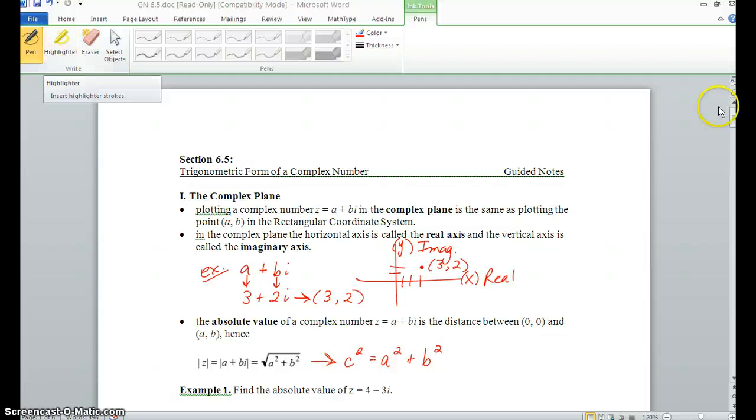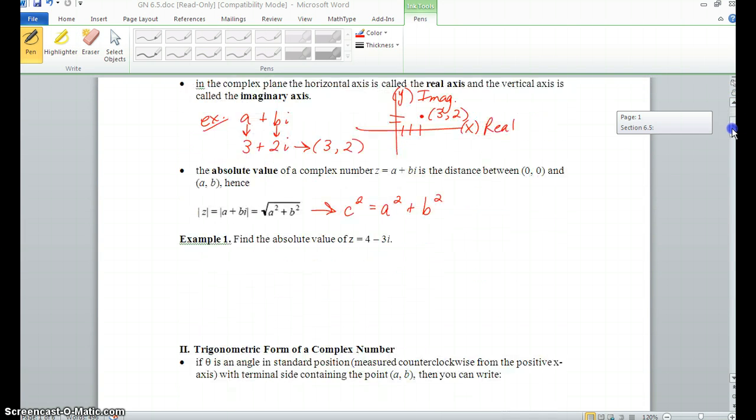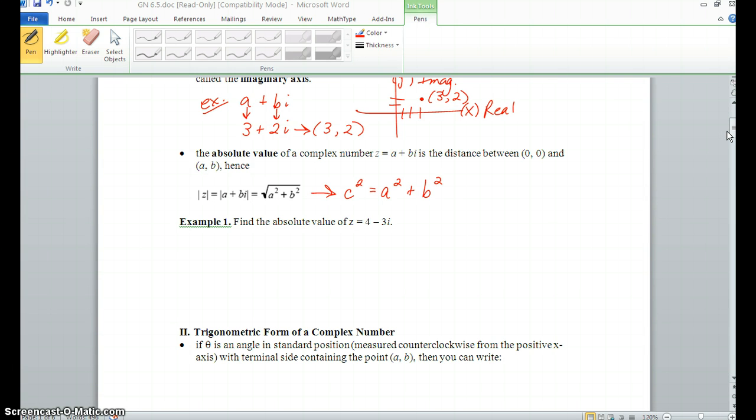So let's take a look at example 1. Find the absolute value of z, which is equal to 4 minus 3i. So pretty simply, let's first identify 4 minus 3i as it would look as an ordered pair. 4 comma negative 3. So that's your a, that's your b.